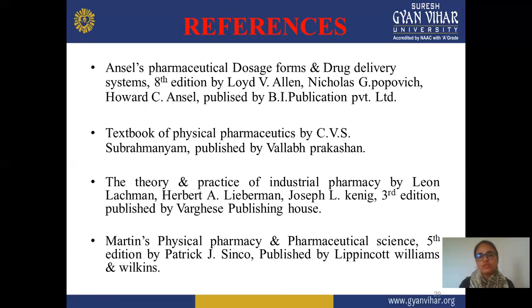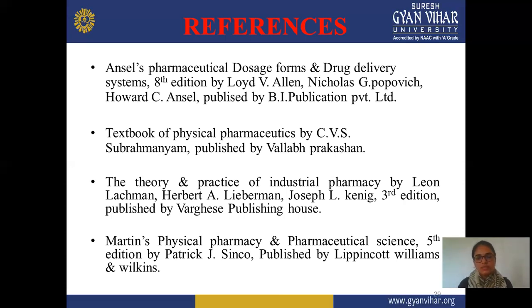Ansel's Pharmaceutical Dosage Forms and Drug Delivery Systems, 8th edition by Loyd V. Allen, Nicholas G. Popovich, Howard C. Ansel, published by BI Publications Pvt Limited. And the next reference is a Textbook of Physical Pharmaceutics by C.V.S. Subramanyam, published by Vallabh Prakashan. Next is The Theory and Practice of Industrial Pharmacy by Leon Lachman, Herbert A. Lieberman, Joseph L. Kanig, 3rd edition, published by Varghese Publishing House.